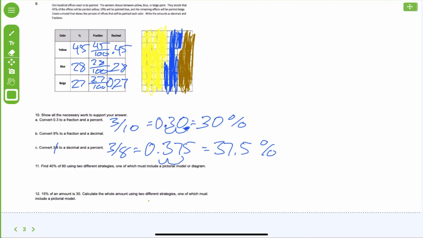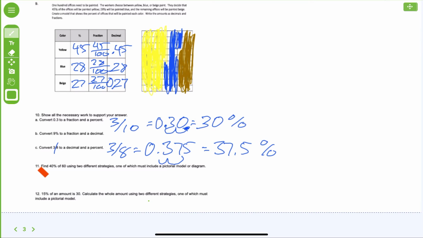Now, 11 says, find 40% of 60 using 2 different strategies. 40% of 60. Well, we know that that's going to be P. Oh, that almost looks like a B. Erase all of that.